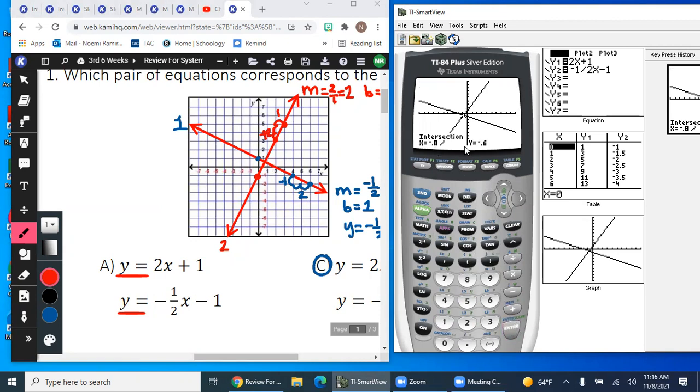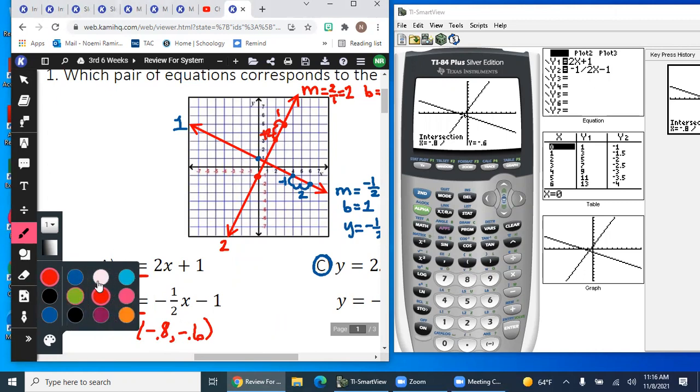And you get negative 0.8, negative 0.6. Now these are decimal points. This would be difficult to find, but you could guesstimate where this point would be.